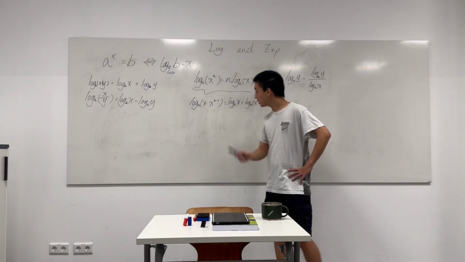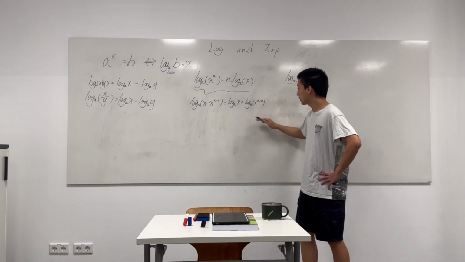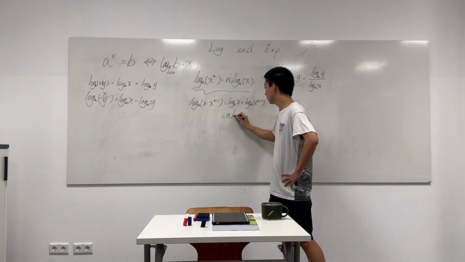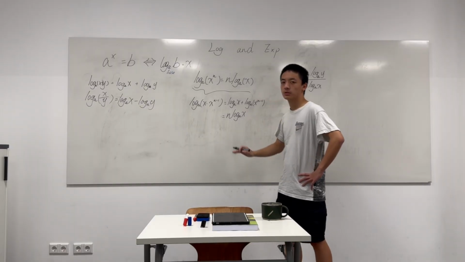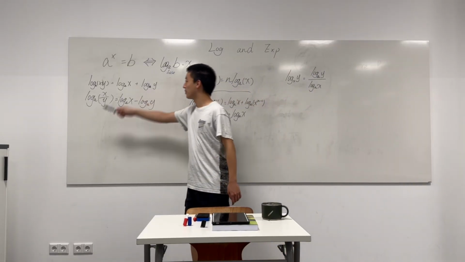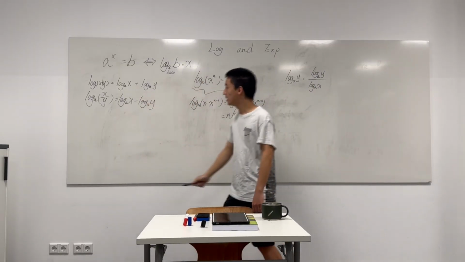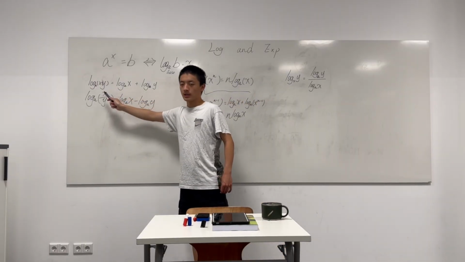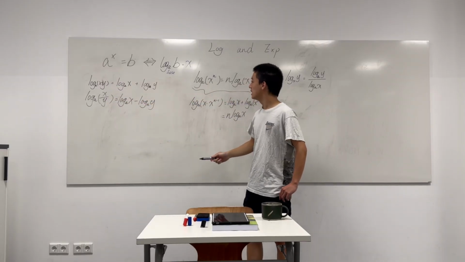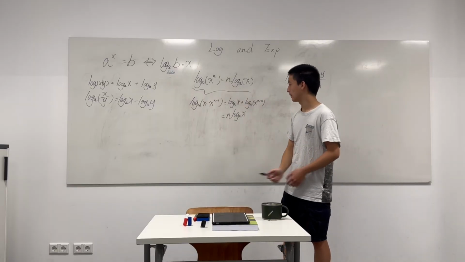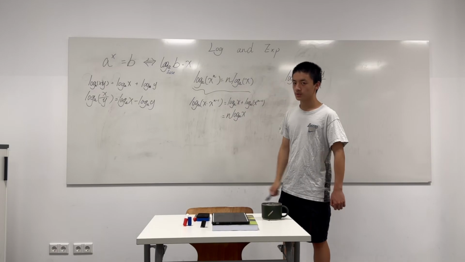Then we can use the same method to expand this term. Then continue. In total, we can get n amount of log a x added together. So this one is the same as this one. It's just a special case where x is equal to y. Here are many of the same number multiplied together. Then we just use the first formula to expand it, then add it together. Then we can get this formula.